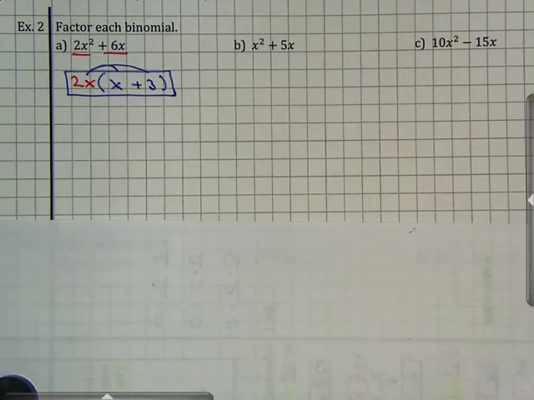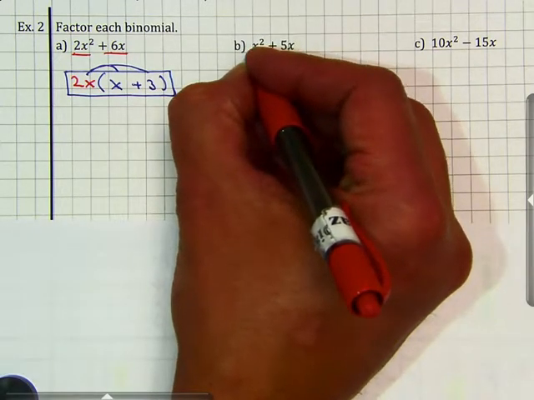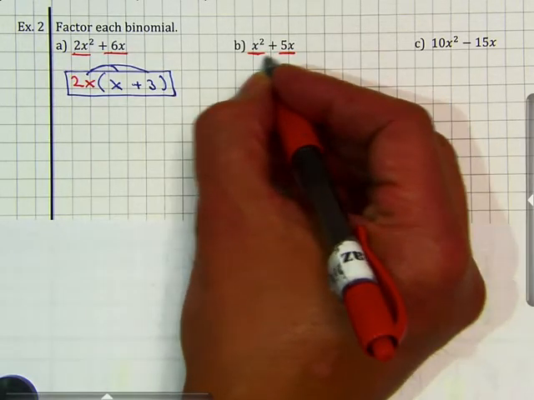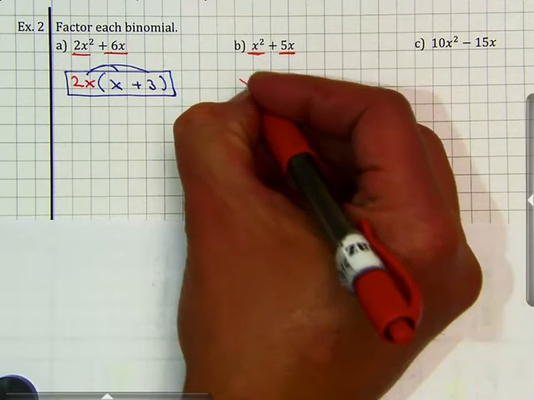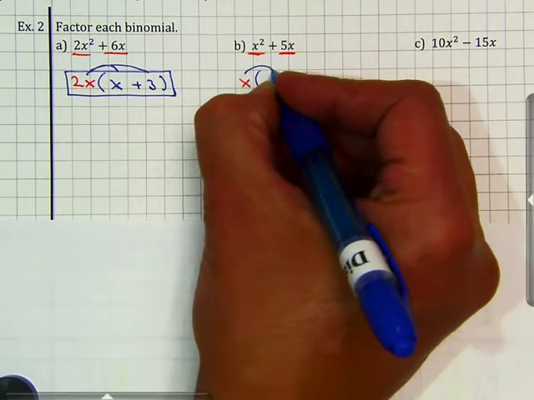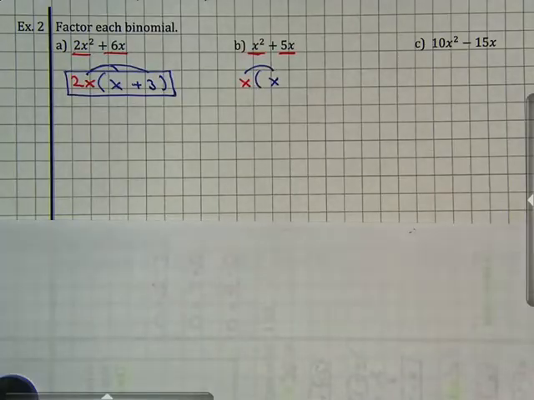Letter B, I need to take out the common factor. Well, this one doesn't have a number, so I cannot factor out a number. But I notice that they both have an x, so I can take out an x. I'm going to factor out an x. X multiplied by what will give me x squared? X times x.